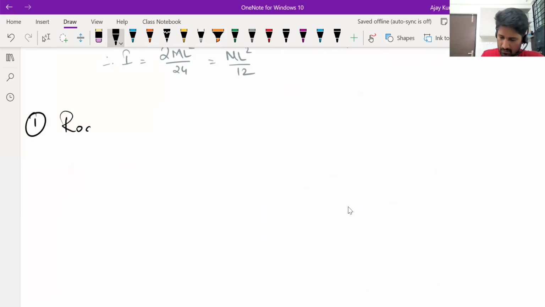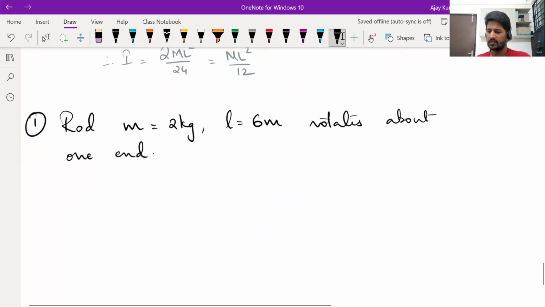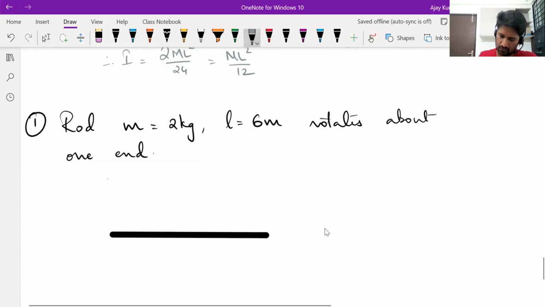First, a rod of mass 2 kg, length 6 meters, rotates about one end. Okay, that means it rotates about an axis passing through one end perpendicular to the rod. So if this is the rod, this is the axis of rotation. Okay, and how fast is it rotating?